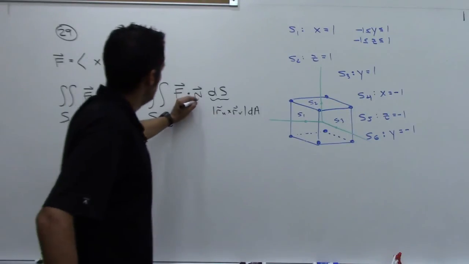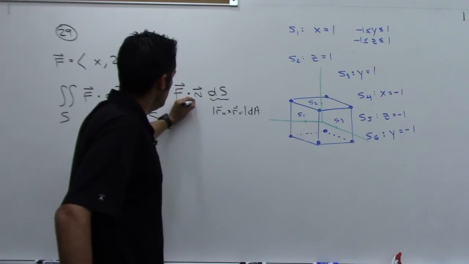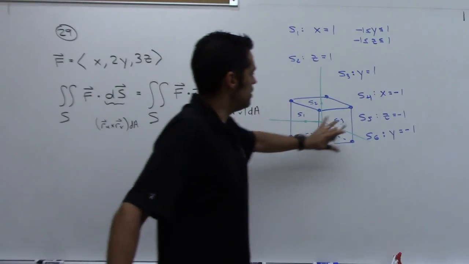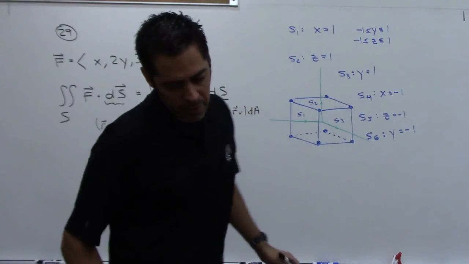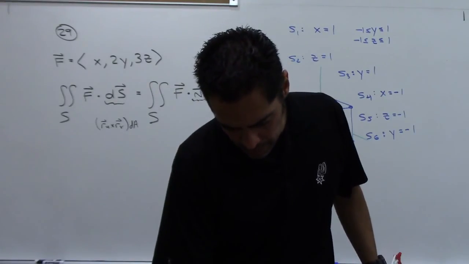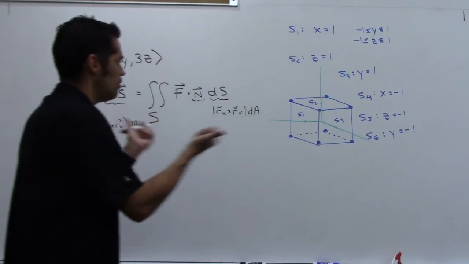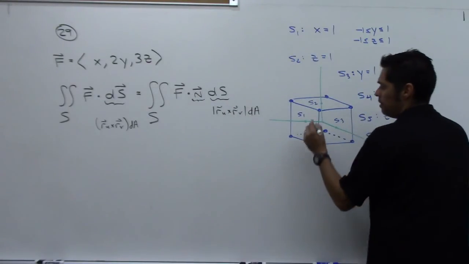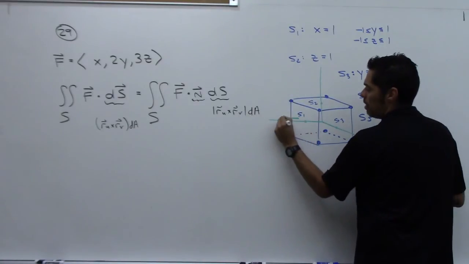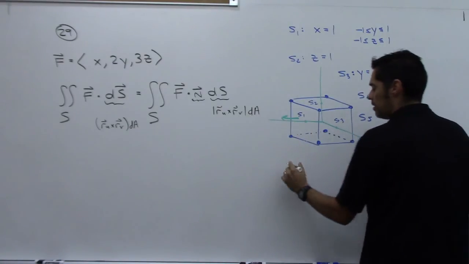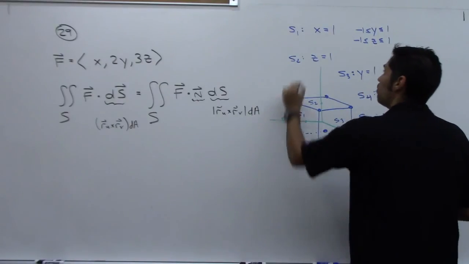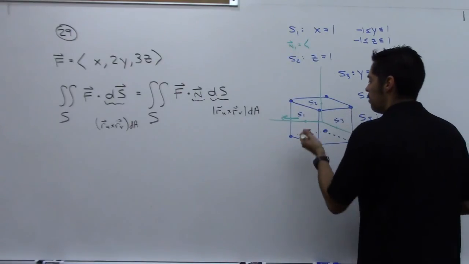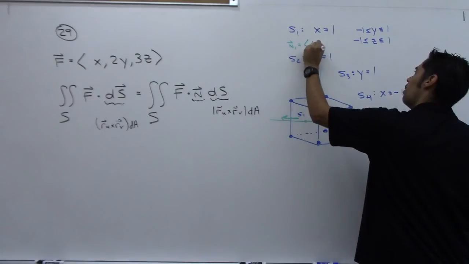And what's nice about this one is this vector is just the normal vector of the surface. And with all of these surfaces, we have very nice normal vectors. And they tell us in the problem, well, we assume because it's closed that our normals are going to go outward. So like for S1, notice that since this is just a flat sheet, the normal vector would come straight out, down the x-axis, out the x-axis. So for S1, the normal, I'll say normal 1, will be equal to the vector going out the positive direction of the x-axis, 1, 0, 0.